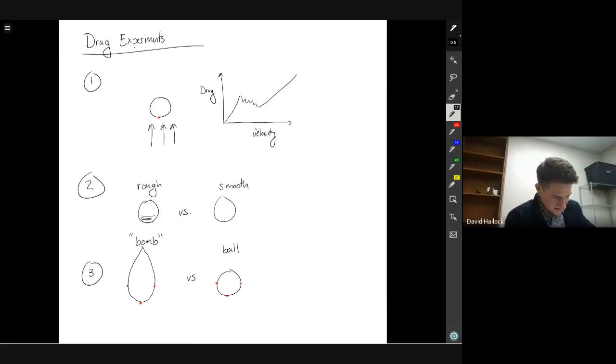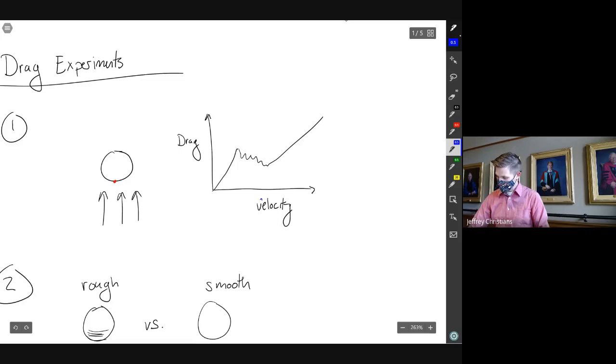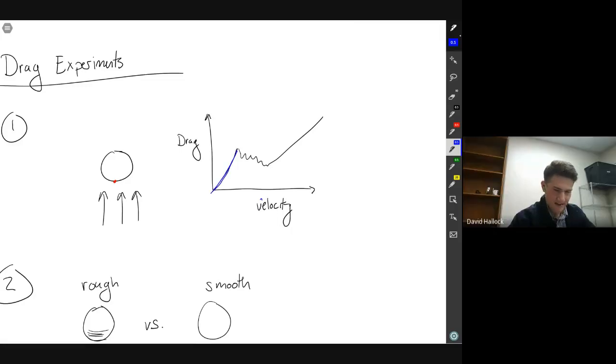Sure. So my explanation for the first experiment was that in the beginning region, when the drag force is increasing exponentially, the no-slip condition around the ball is really slowing the air as it makes contact.